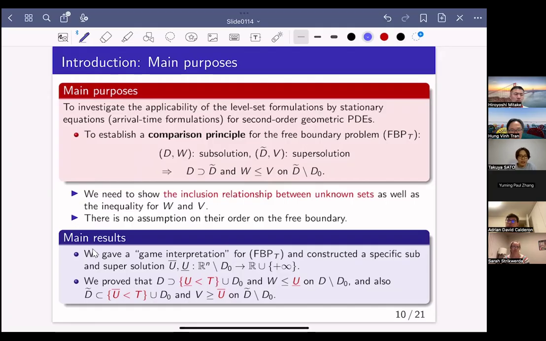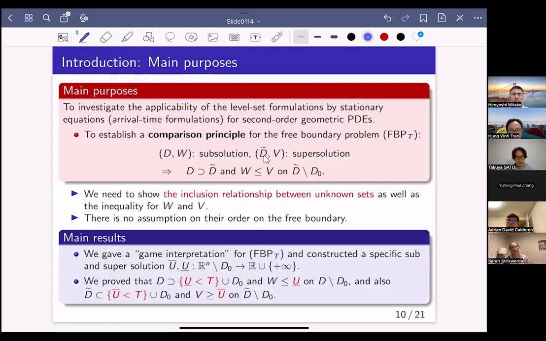And here the main difficulty is that we need to show the inclusion relation for the two unknown domains.